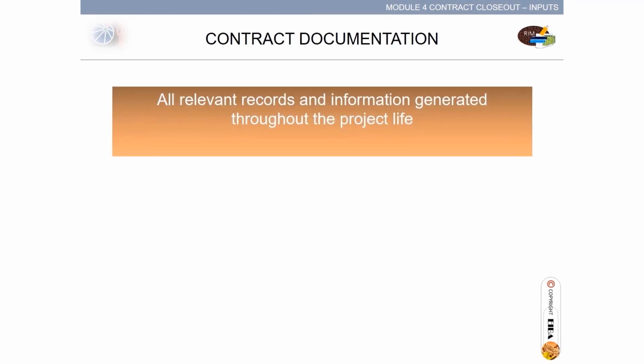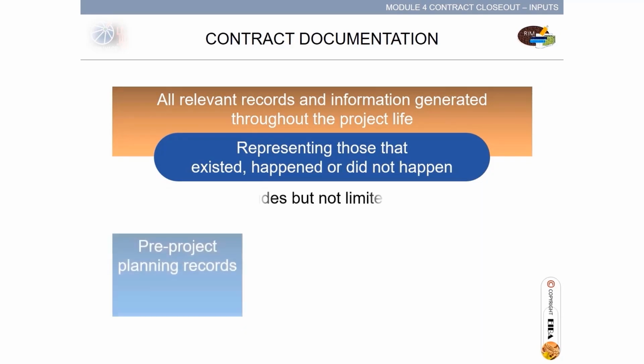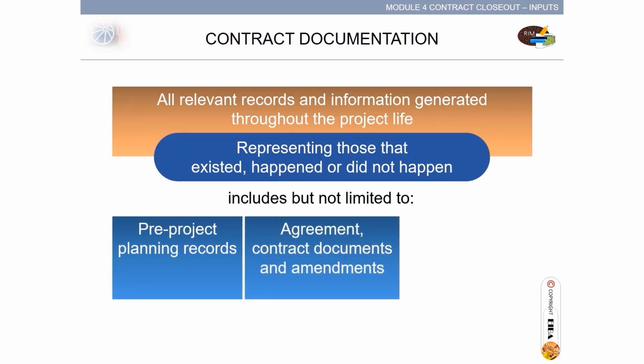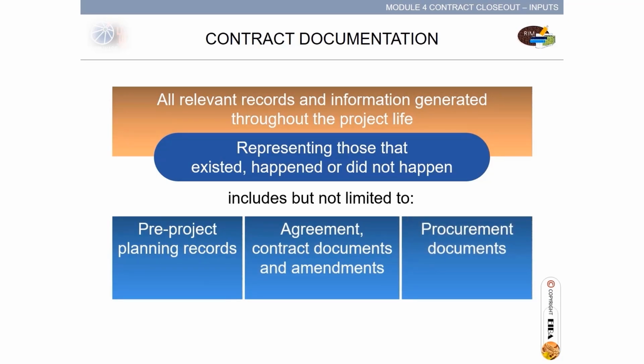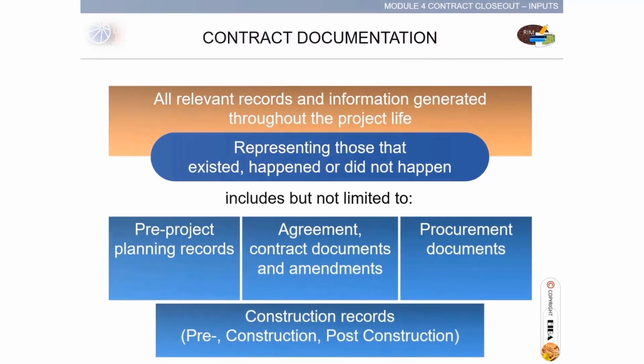All relevant records and information generated throughout the project life, representing those that existed, happened, or did not happen, and includes but is not limited to the pre-project planning records, the agreement, contract documents and amendments, all procurement documents, and all construction records from pre-construction, construction, and post-construction.